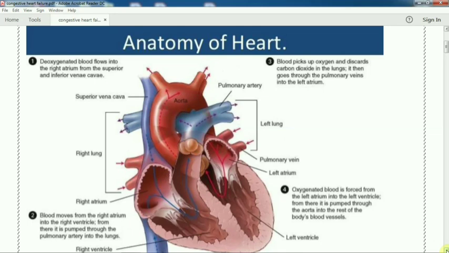The left ventricle is responsible for supplying blood throughout the body.